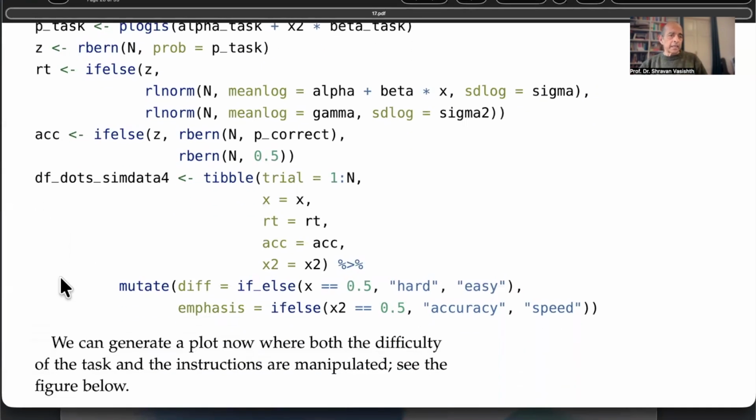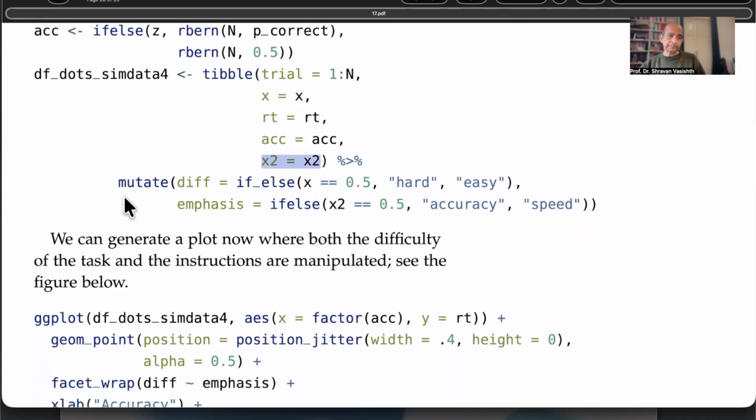Then everything is put together: trial ID 1 to 1000, the predictor easy/hard coded plus 0.5 minus 0.5, reaction times generated randomly as a function of the randomly generated indicator variable z, and then the accuracy, same story, and then you have the instructions added. So these are the 5 pieces of information that go into the data frame containing the simulated data now.